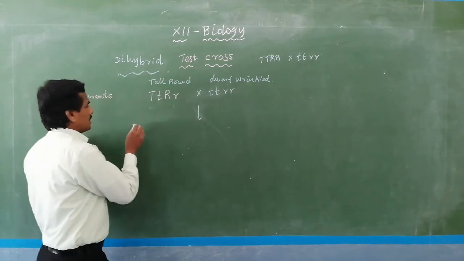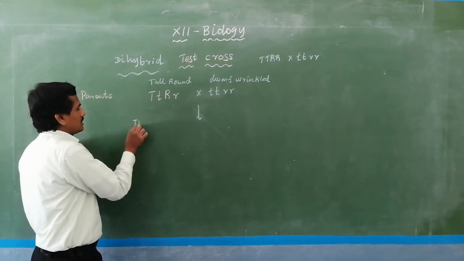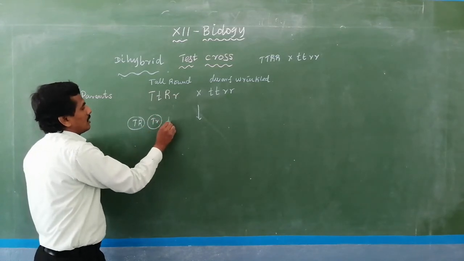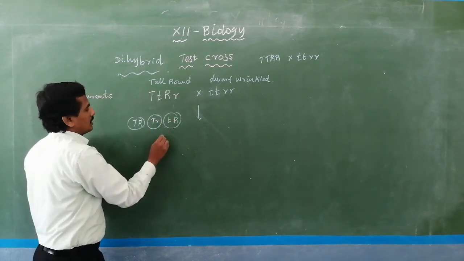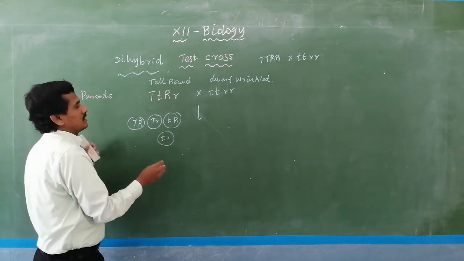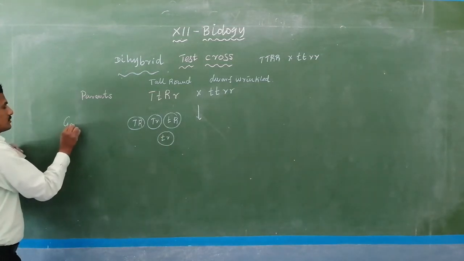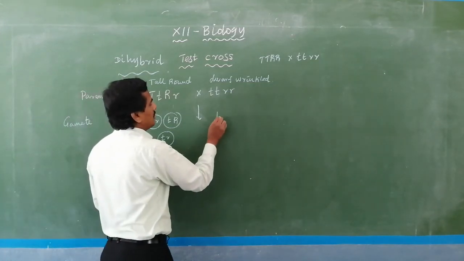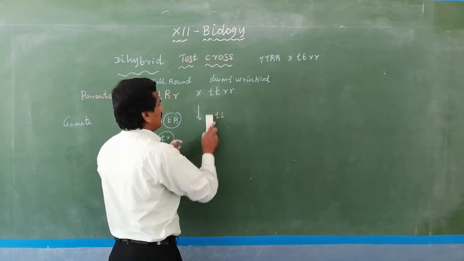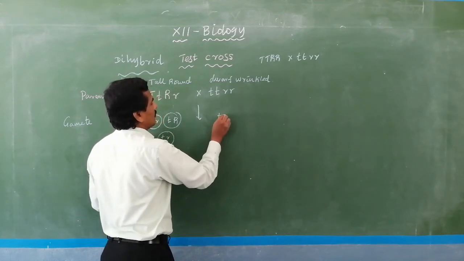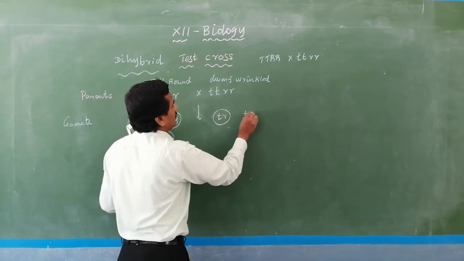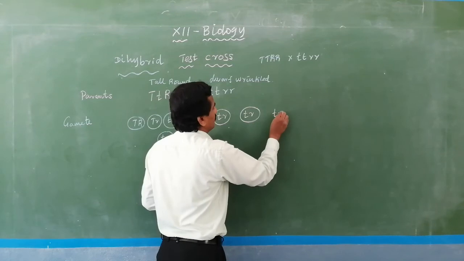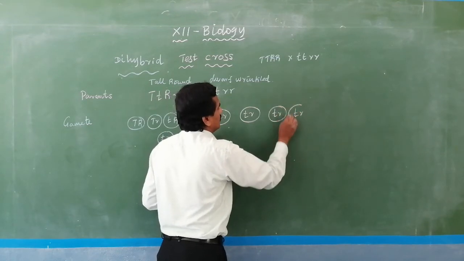The gametes produced are capital T, capital R, one gamete; capital T, small r, another gamete; small t, capital R, another gamete; small t, small r, another gamete. And in the recessive parent, all the gametes are small t, small r only, because only one type of character is present.